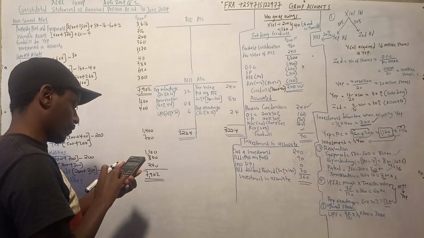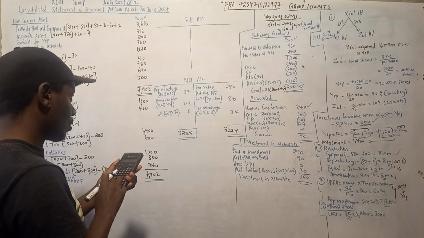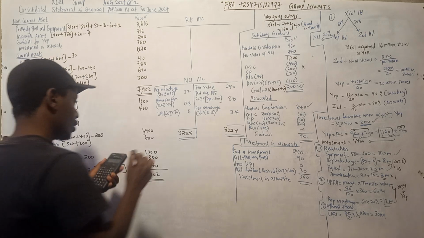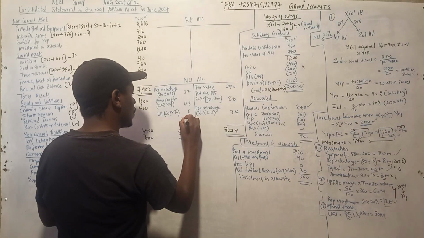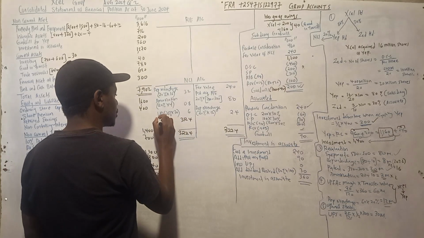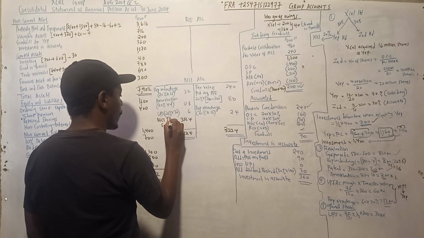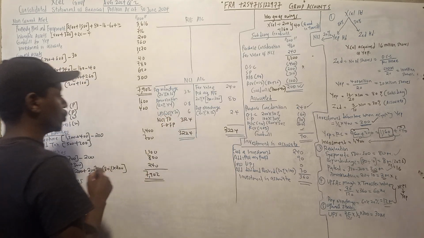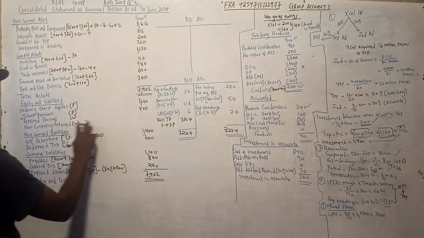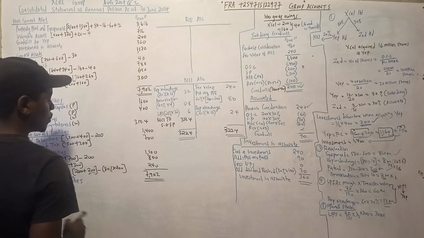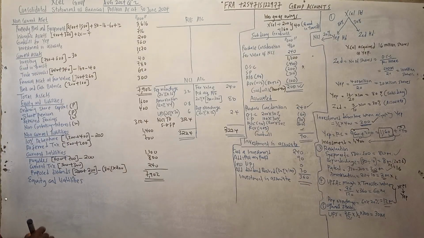So you get the balancing figure, 3.2, 0.8 plus 6, 312.4. So that is NCI to the statement of financial position. NCI 312.4. Now we are remaining with one item, that is the retained earnings.